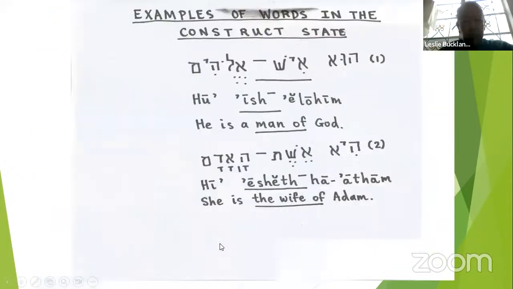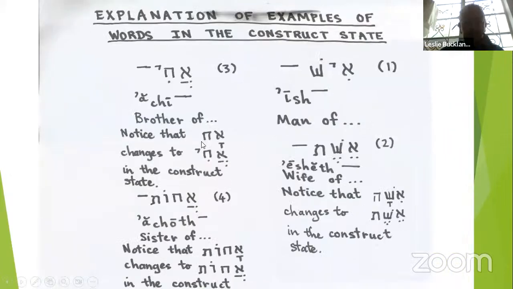Okay, now let us look further at this. First of all, ish, followed by the makaf, horizontal line to the left-hand side of ish, is translated "man of." And the noun that comes after this line is put here. For example, Elohim, as in the example before, man of God.